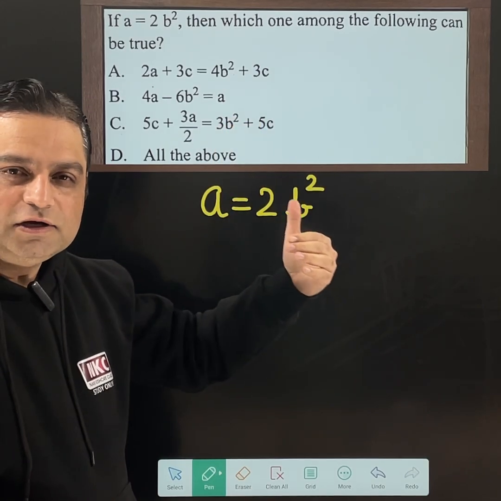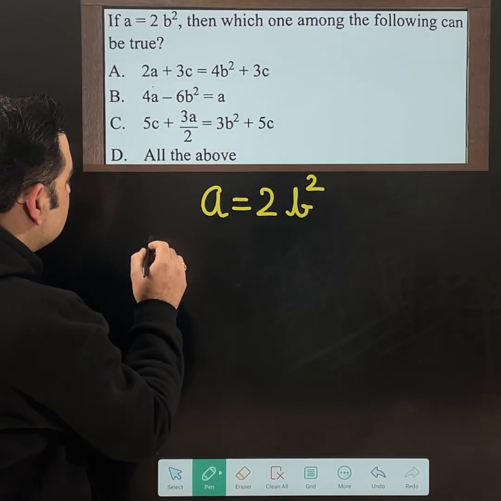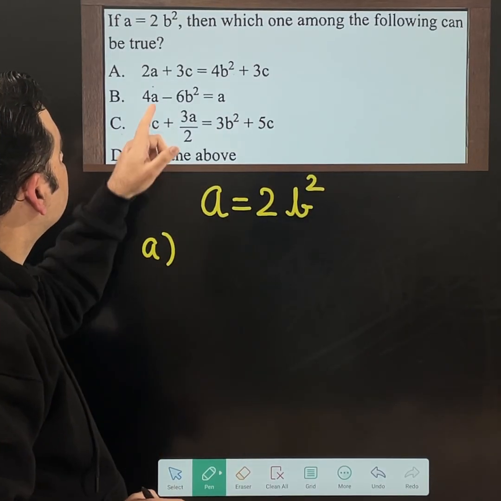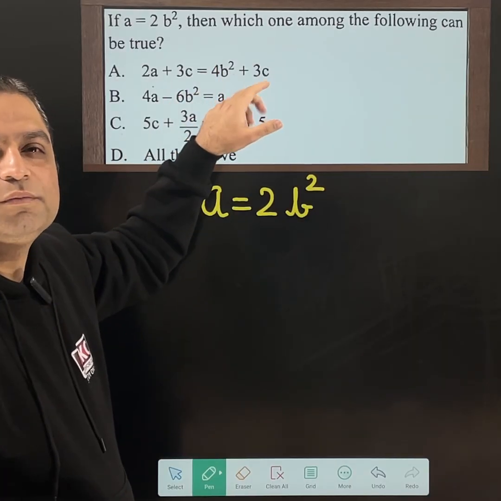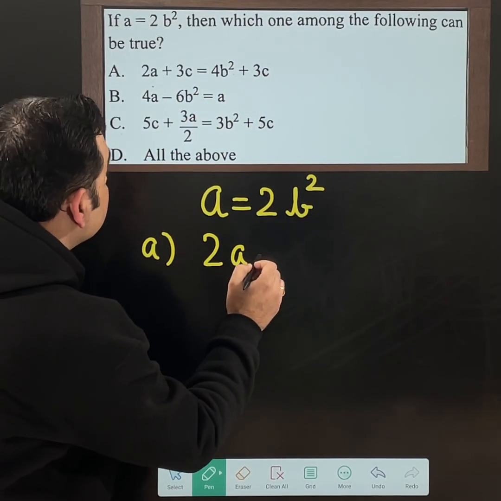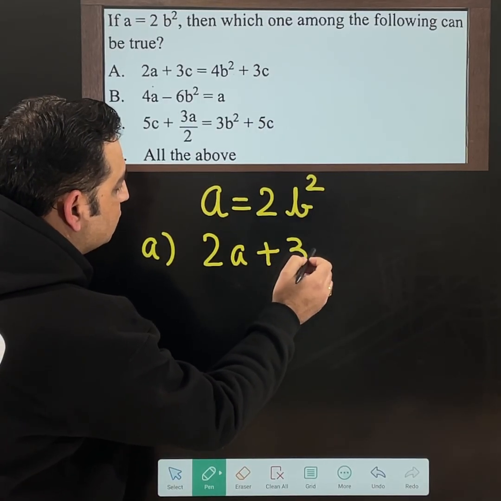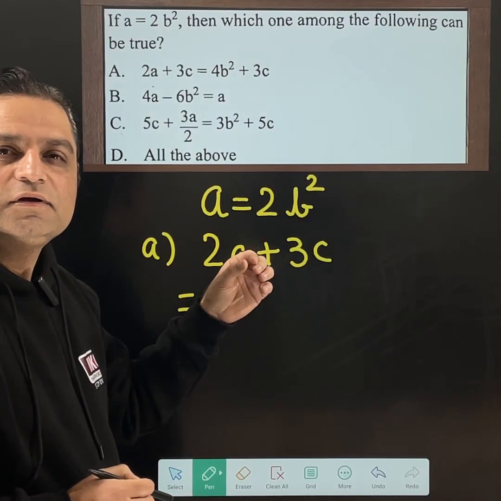Obviously, step by step, we need to check all of them and then we will decide. Let me check the A part. A part is 2A plus 3C is equal to 4B square plus 3C. If I start solving the left side, 2A plus 3C, and let me substitute the value of A as 2B square.